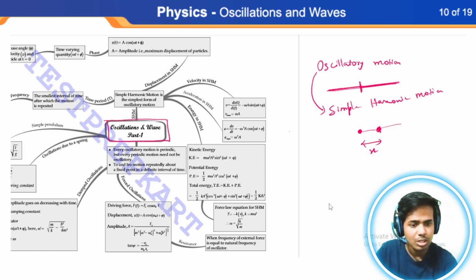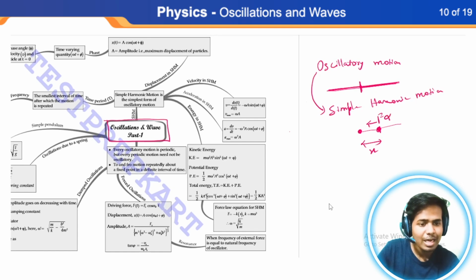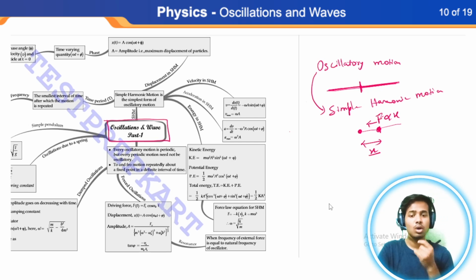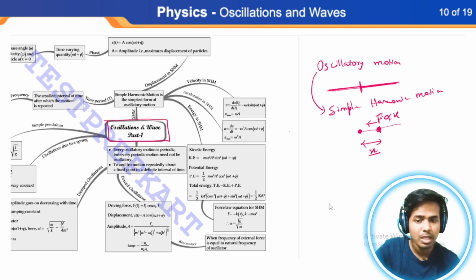So the force will be in this direction, and the force is directly proportional to the distance x. When the restoring force on the particle is always directly proportional to the distance it has covered, and is directed towards the mean position, that is called a simple harmonic motion.